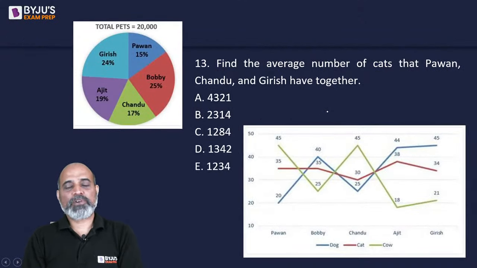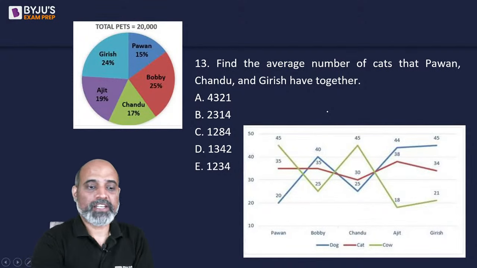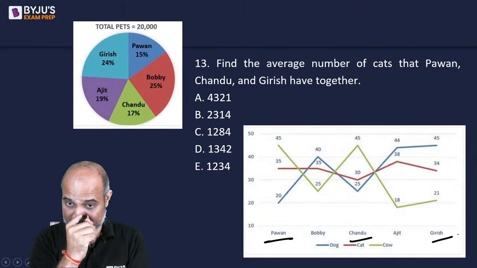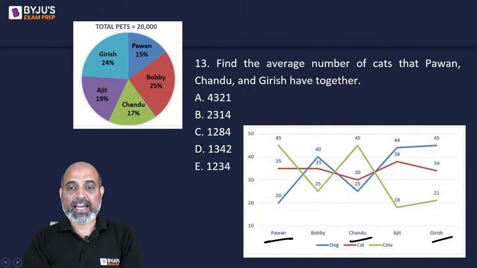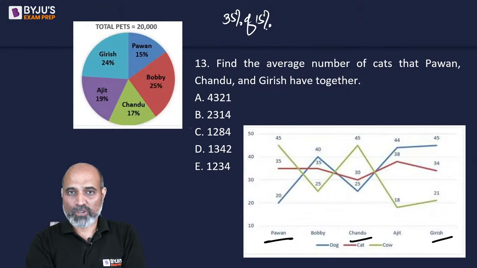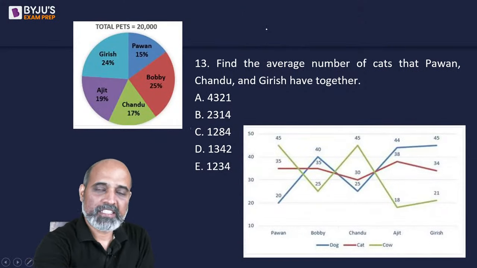Next, find the average number of cats that Pawan, Chandu and Girish have together. So we have Pawan, Chandu and Girish. The alternate guys here, they have together. So cat here would mean the red color. So Pawan has 35% of 15%, right? So I'm going to ignore the percentages like in the previous question.